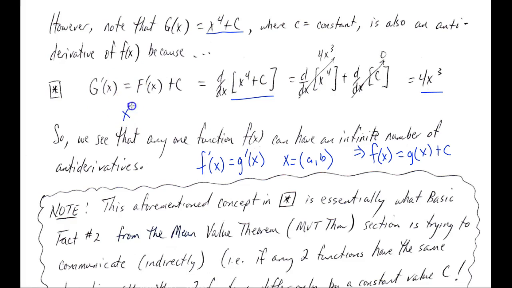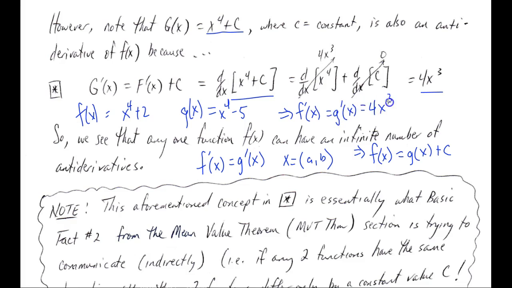So to make my point, we have x to the 4 plus 2, let that be f of x, and let g of x be x raised to the 4 minus 5. Of course, if we take the derivative of both of these, they're going to be equal to one another, which is just going to be 4x cubed.